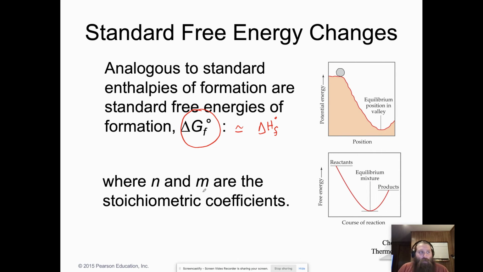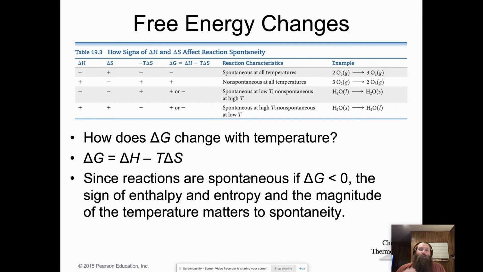You're still going to see n and m as your stoichiometric coefficients, and everything about that is going to be the same. Now, when you look at free energy changes, this table right here is absolutely vital that you know. You don't need to memorize the example, but I would encourage you to commit this table to memory, however you need to do that.